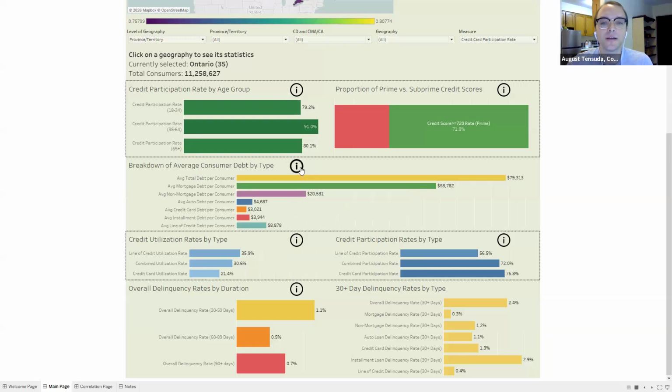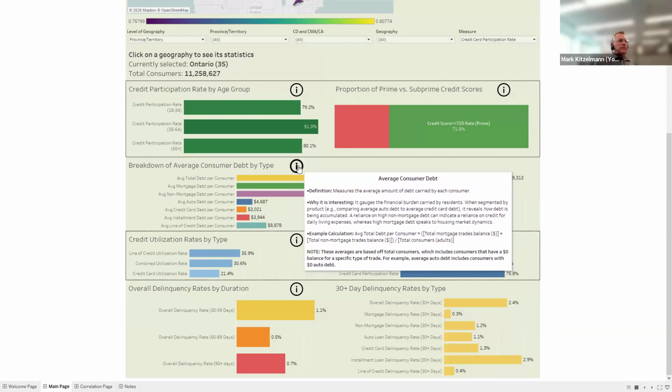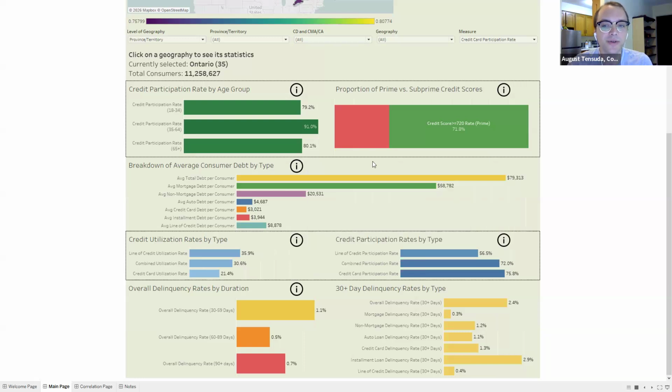If we look at the example calculation, the denominator is total consumers. Within the data set, you can get the number of mortgage trades, which is the number of mortgages there are. So there are two different things you could have: the number of mortgages, or the number of consumers. This average is averaging over the number of consumers, not over the number of mortgages.